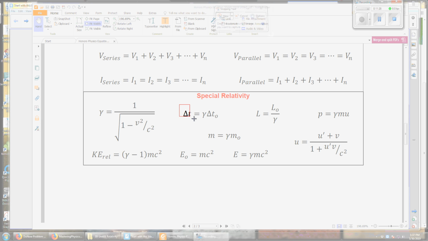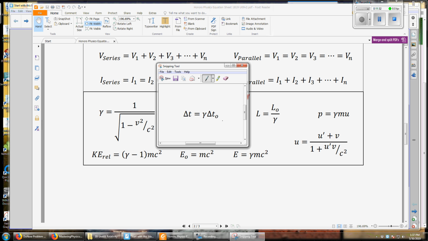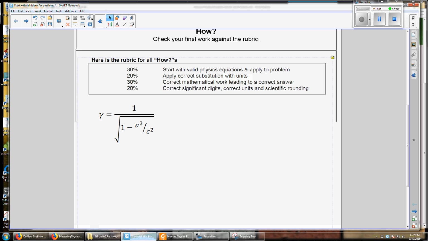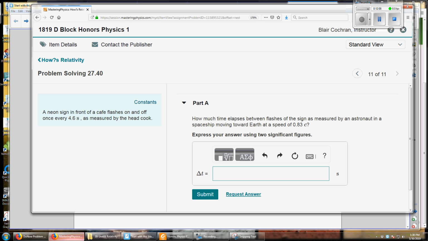And now, since I'm dealing with time, so I remember, since gamma is always greater than 1. From my problem, I get 4.6 seconds.